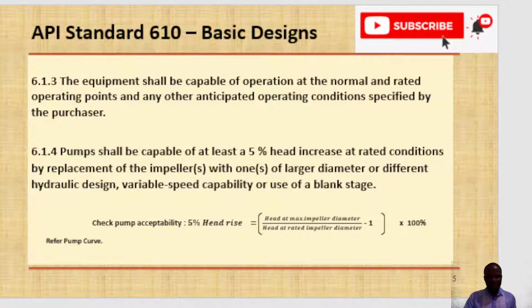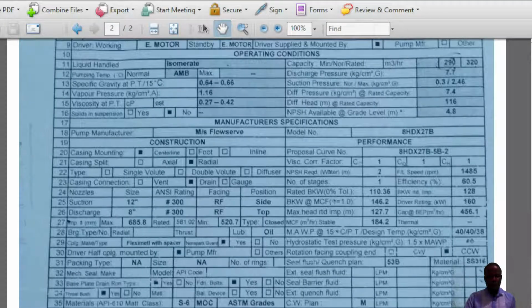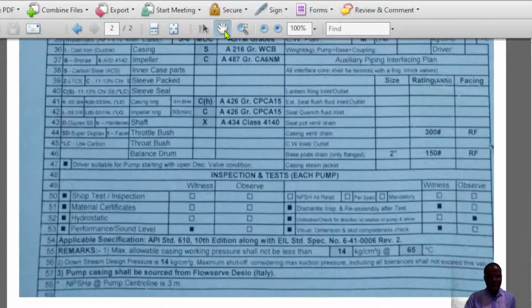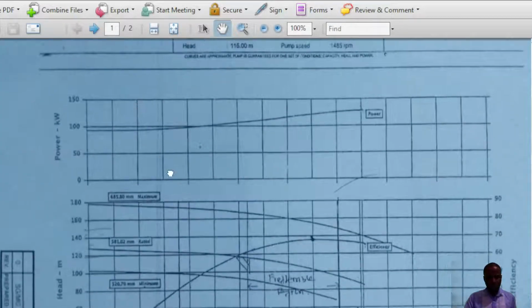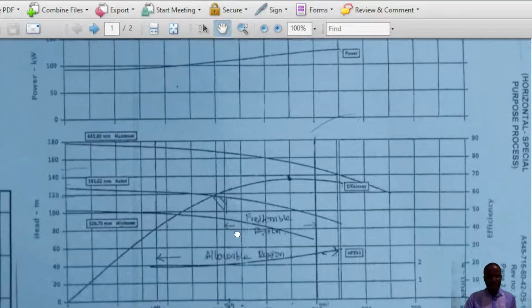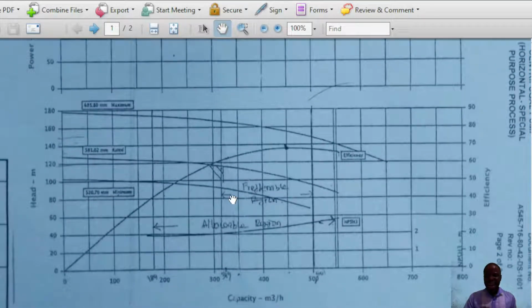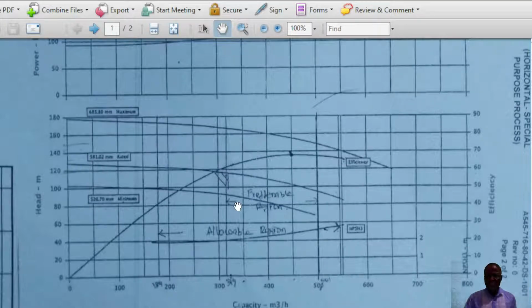Now for this case, look at this. Let's check one of the pump curves. If you look at this pump curve for this particular mechanical data sheet, you want to check whether a particular pump being supplied to you by a vendor has met that 5% head increase.